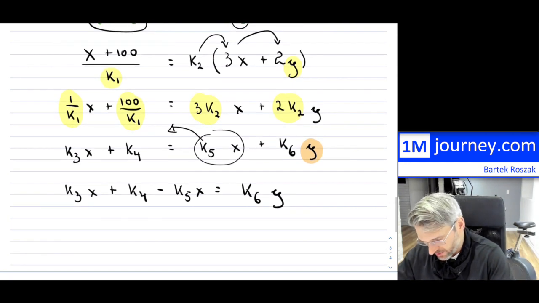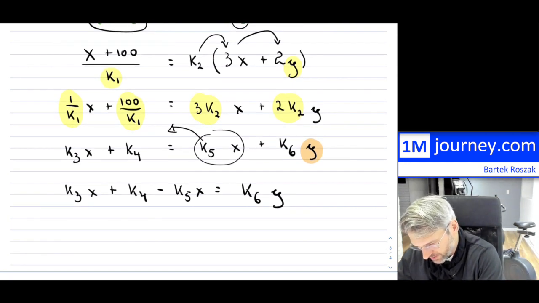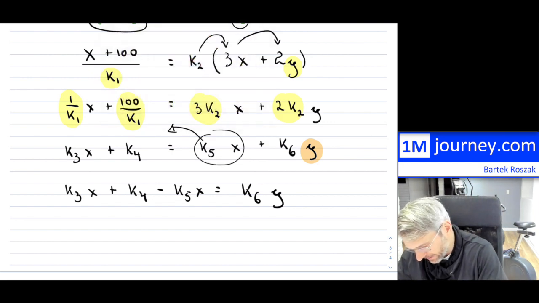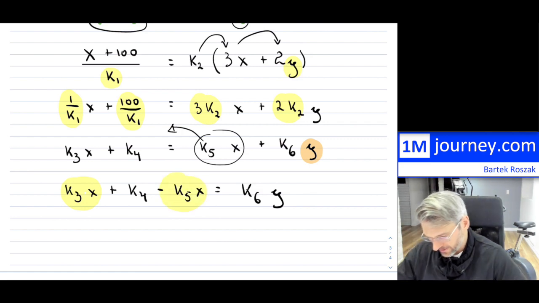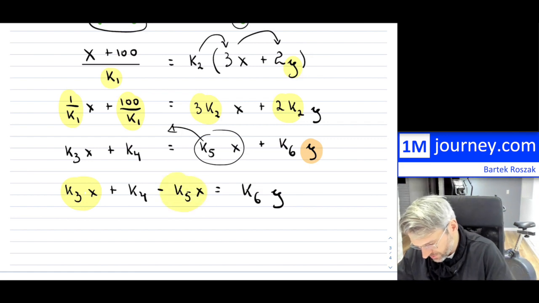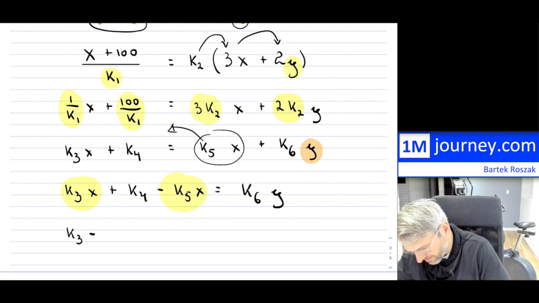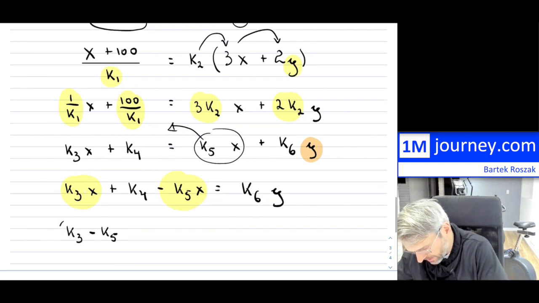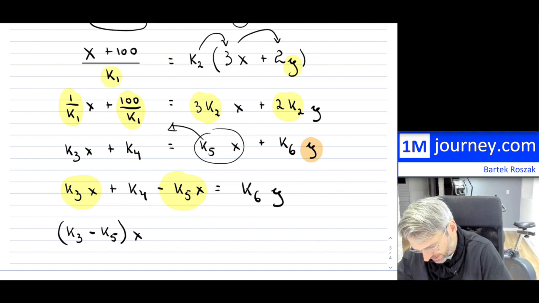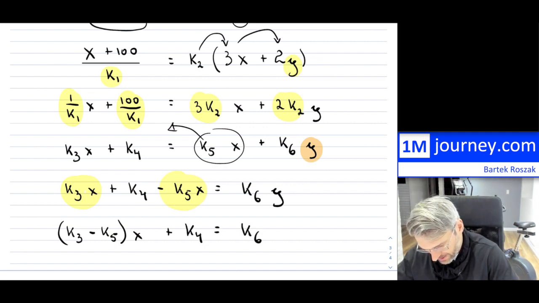Now, what is this starting to look like? I have 2 like terms. Within those like terms, it's basically k3 minus k5 x, right? So as I factor that out, plus k4 equals k6y.